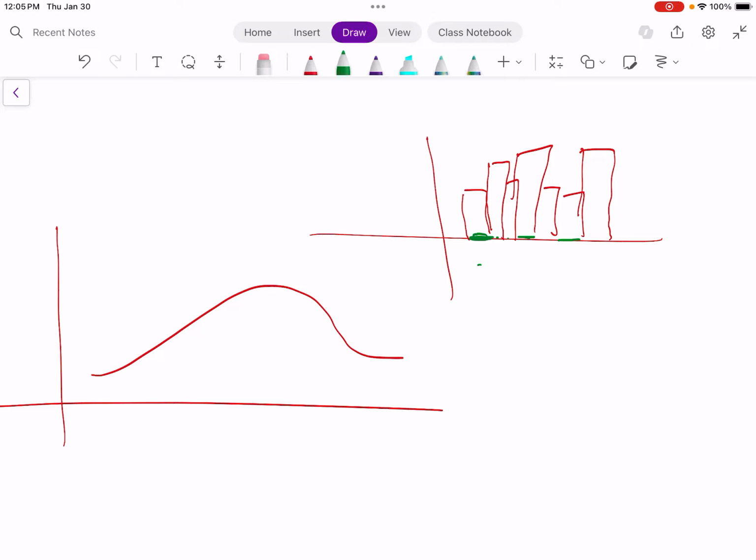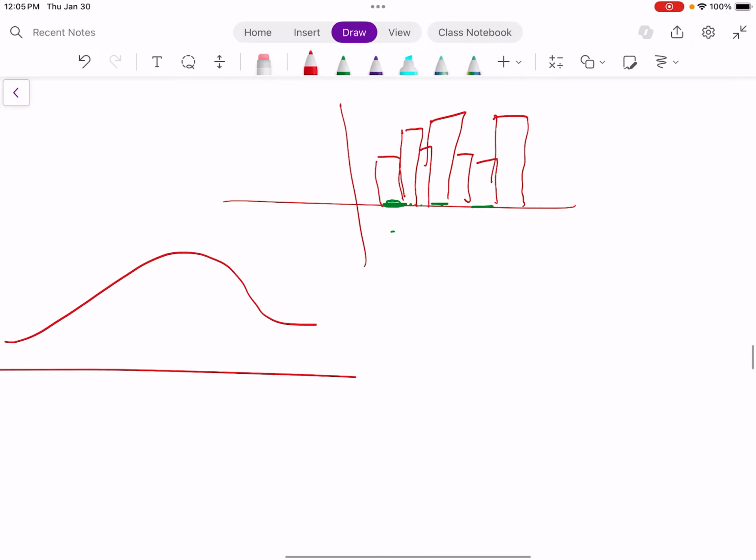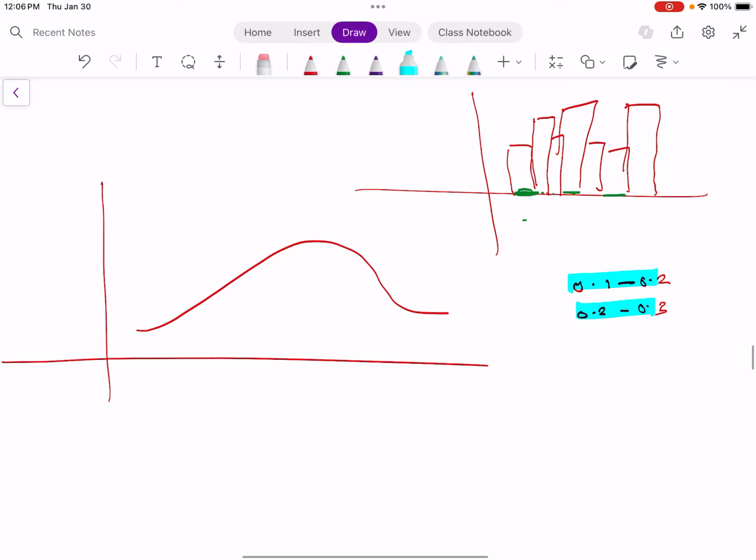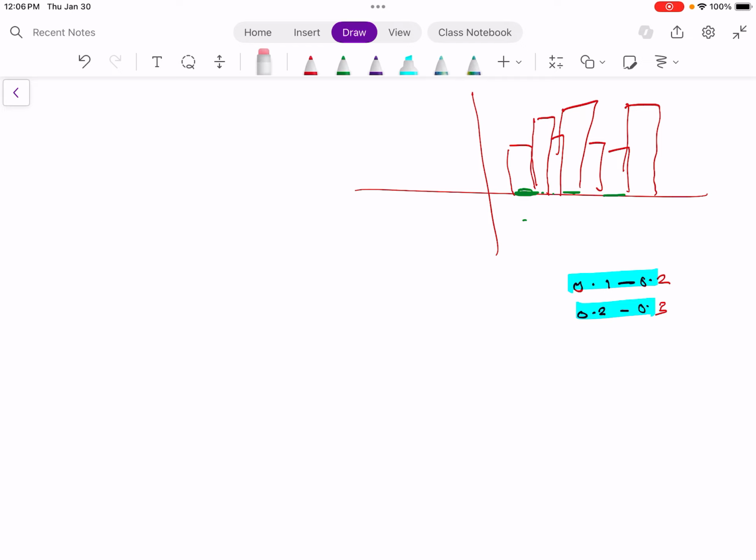For example, if your class size is 0.1 to 0.2, 0.2 to 0.3, so the class size is very small. When you draw a histogram with a small class size, it appears to be a smooth curve, and it's easy to represent a histogram with a smooth curve as well. So this is our histogram.